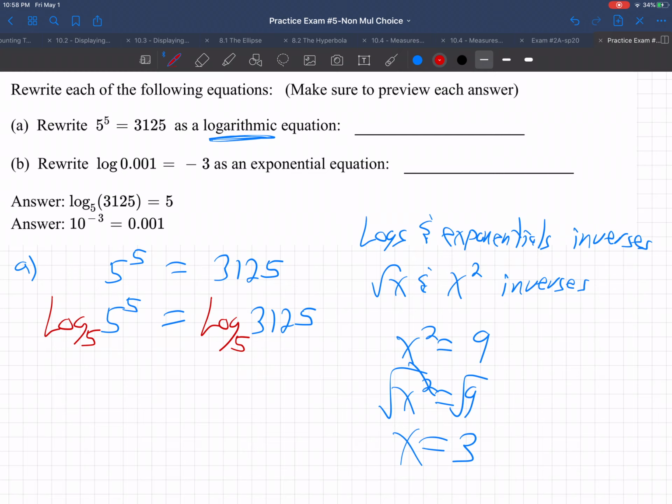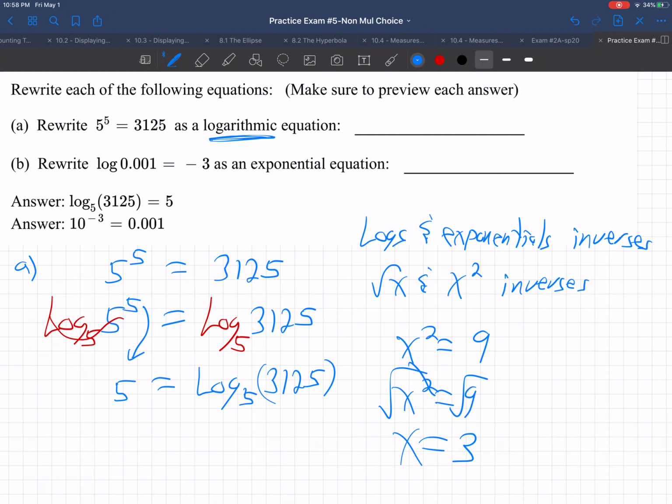You do it just like that, and these guys will cancel each other out when the bases match. And so we just have this other 5 left over is log base 5 of 3125.